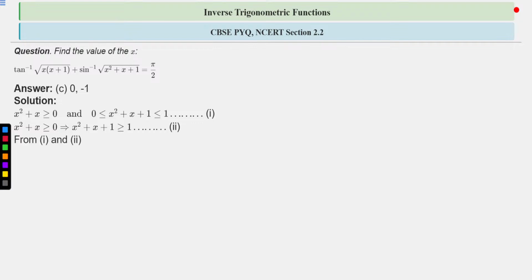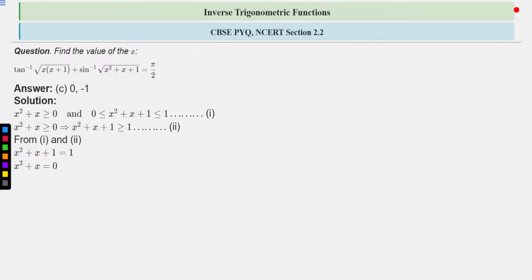Now from equation 1 and 2, x square plus x plus 1 is equal to 1. Because equation 1 says x square plus x plus 1 is less than equal to 1, and equation 2 says x square plus x plus 1 is greater than equal to 1.